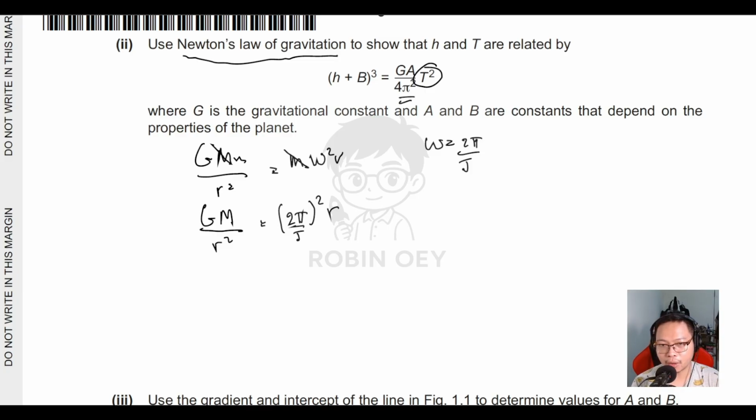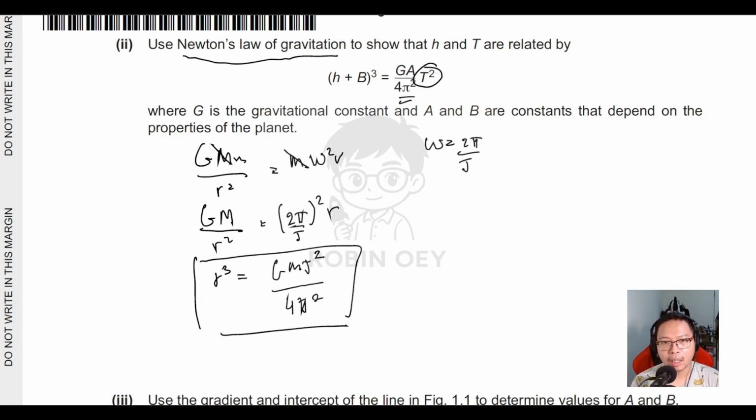Because in the question they are in the form of 4 pi squared and T squared. So we need that. Now the rest would be cross multiplying. So we have r cubed equals GMT squared over 4 pi squared. Now we have this.